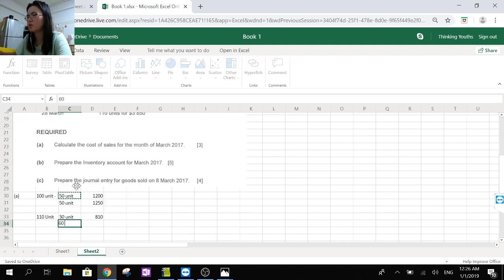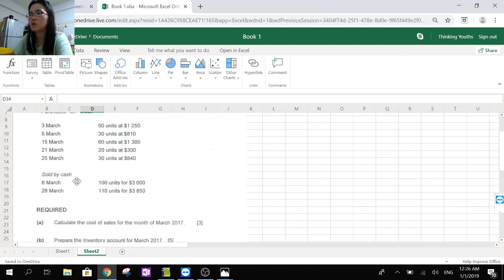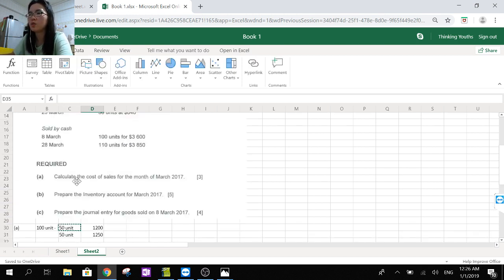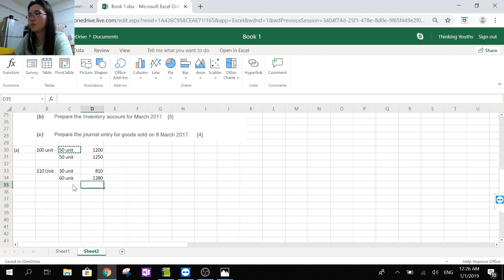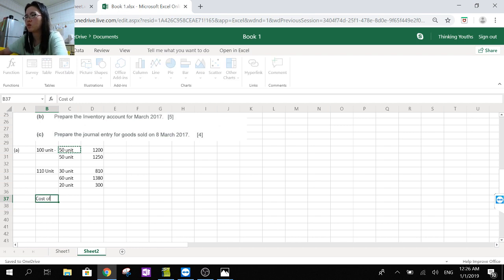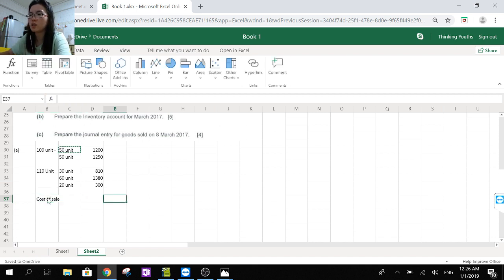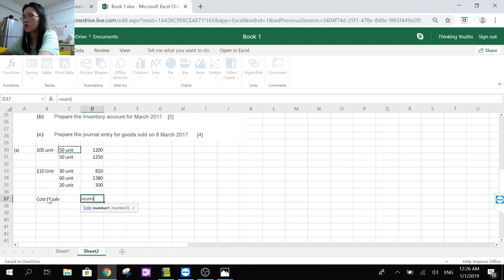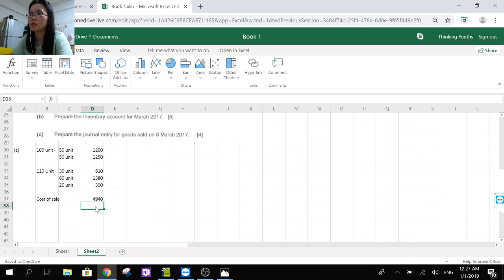Then 60 units is 1380, and 20 units for 300. So we need to total up all of this to get the total cost of sales. So the cost of sales is actually taking the sum of this batch of cost price goods. Okay, so the answer will be 4940.